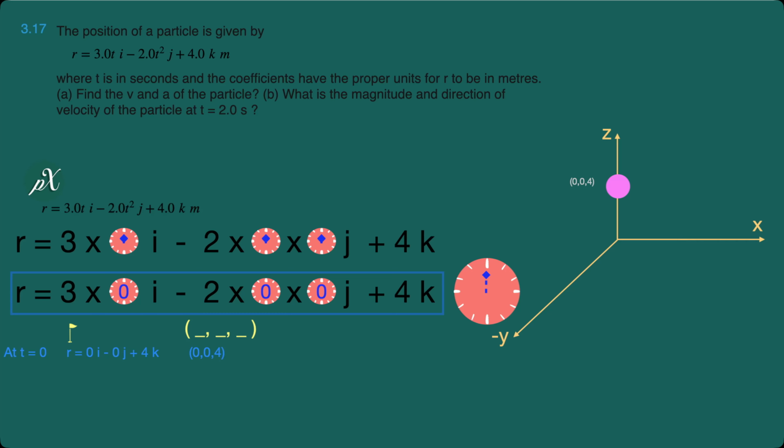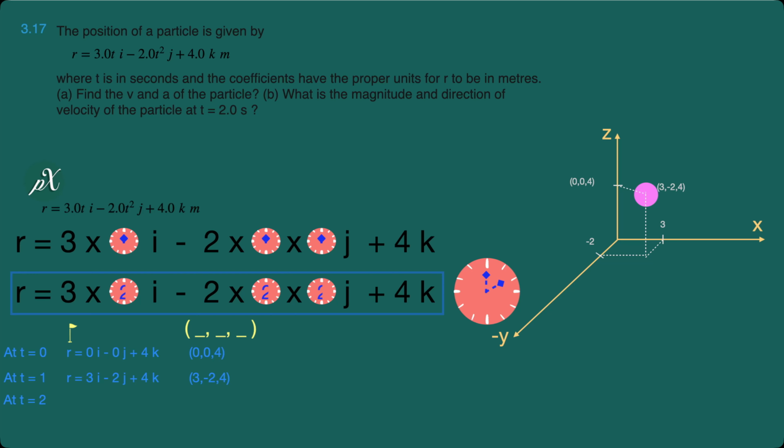Now let's see what happens after 1 second. Substituting t equals 1 into the position equation, we get r equals 3i minus 2j plus 4k. Therefore, the coordinates become 3, minus 2, 4. So after 1 second, the particle has moved to this new position. Let's check the position at t equals 2 seconds.